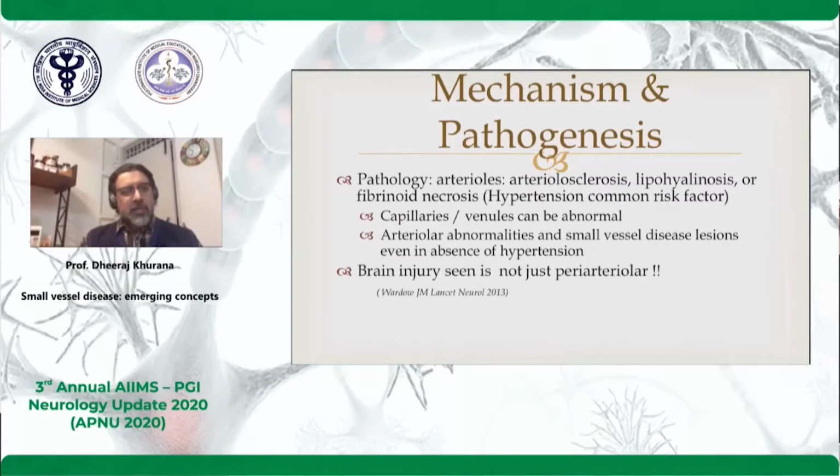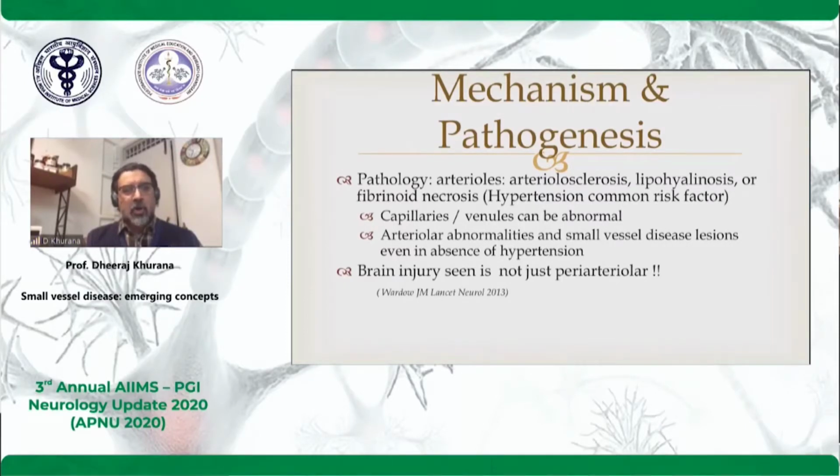And this has been gleaned over time, when it was seen that not only the area supplied by the small vessel was damaged, even the areas around that and distant from the major site of involvement get damaged. One of the common risk factors, as is probably known by all of us, is hypertension.